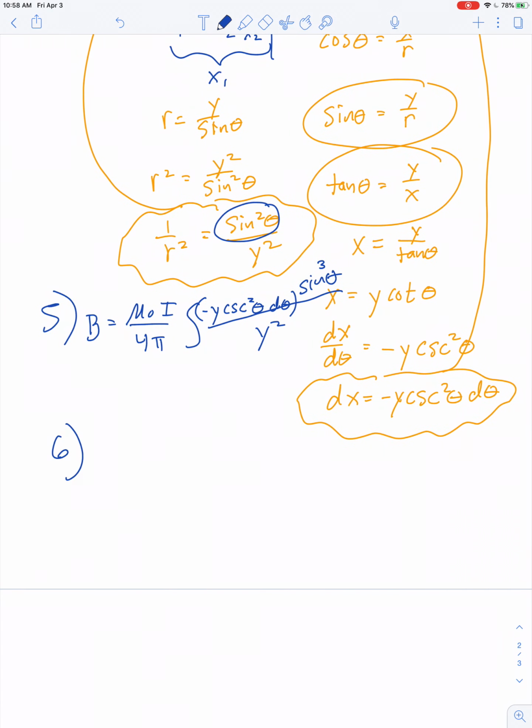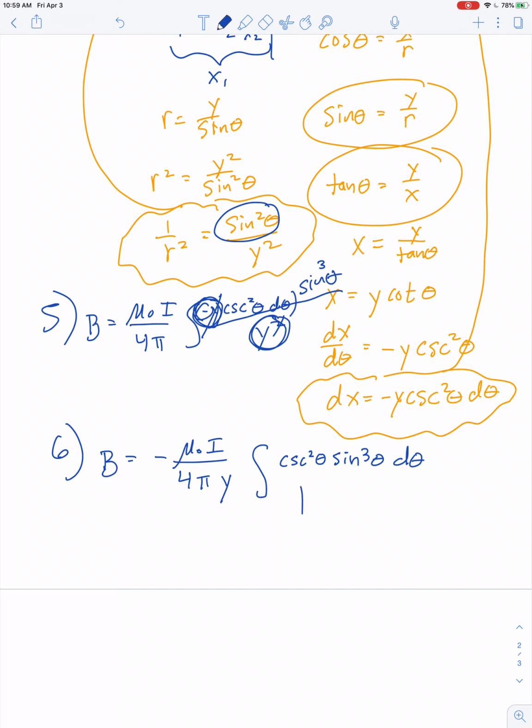So step 6, and because y is a constant, we can pull that out of the integral. We get B equals negative mu naught I divided by 4 pi y, right? We've got a y in the numerator and a y squared in the denominator, so I've canceled and pulled out the negative sign. Then we're left with the integral of cosecant squared theta sine cubed theta d theta.